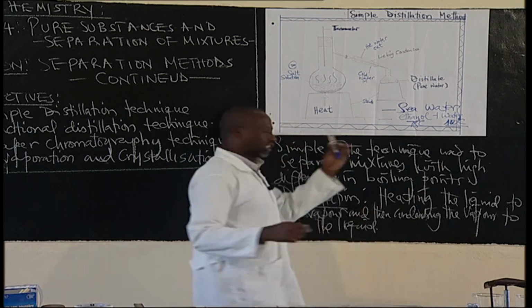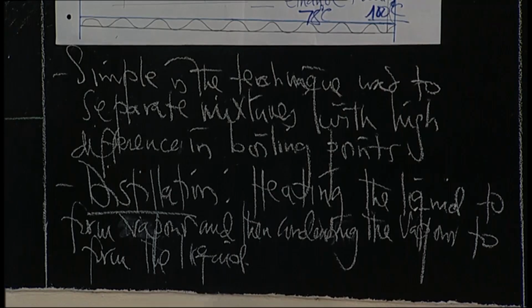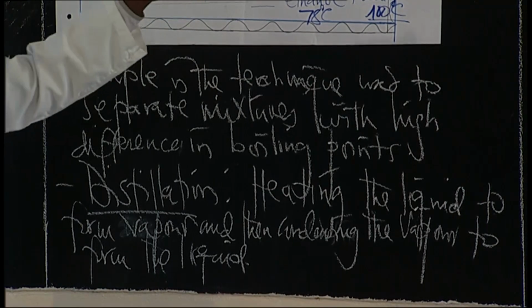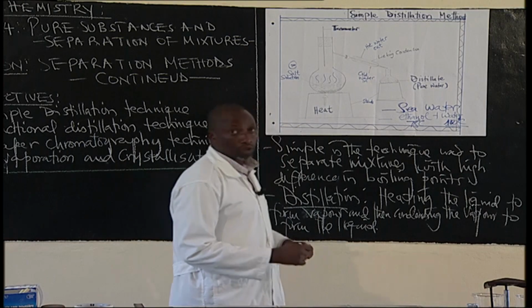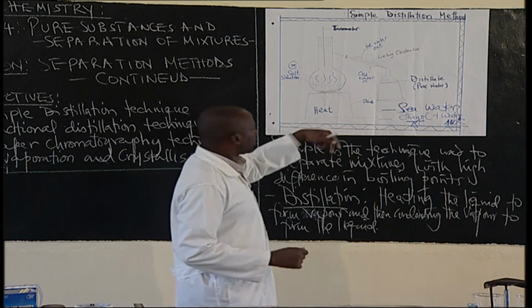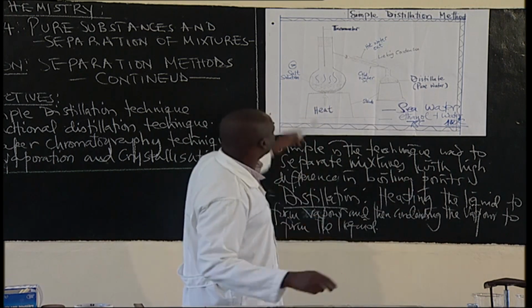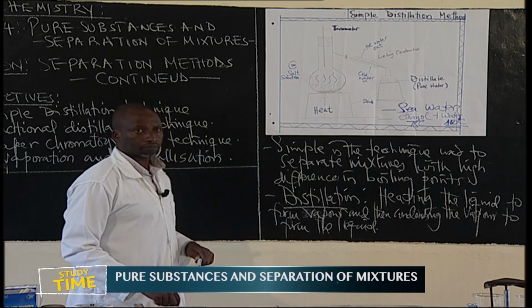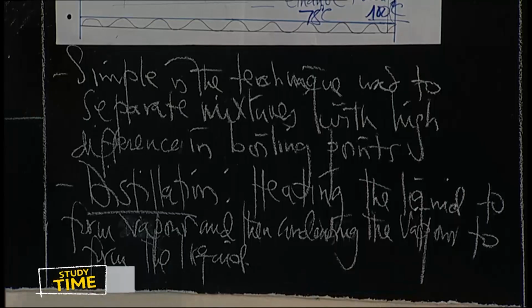Here we had the mixture, which was in liquid form, that could be a solution. Then the water evaporates and is condensed. That is the purpose of this Liebig condenser. It is condensed and then collected as pure water, so the salt remains behind in this flask. So that is the simple distillation.